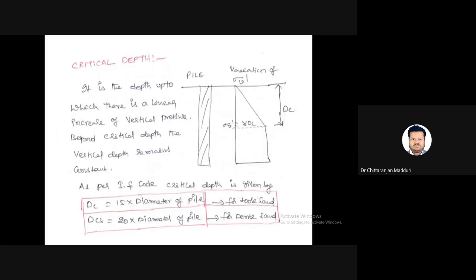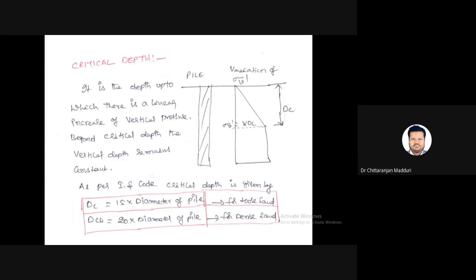Critical depth means, if you take the effective stress distribution diagram, at the top of the ground the effective stress is equal to 0. As the depth increases, there is a linear increase in effective stress. After reaching a certain depth, the effective stress becomes constant. Critical depth is defined as the depth up to which there is a linear increase of vertical pressure.